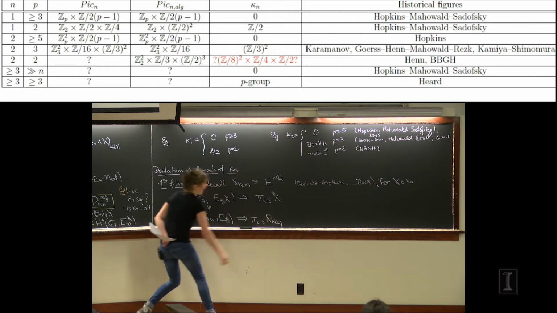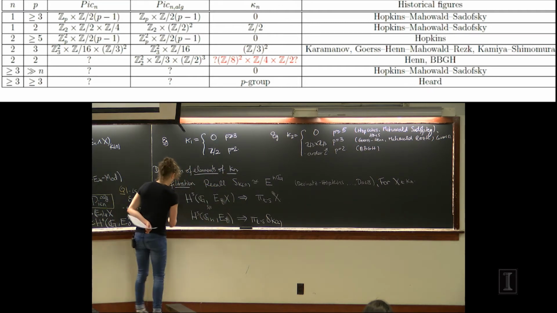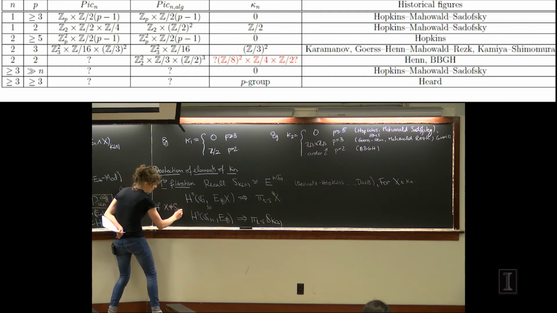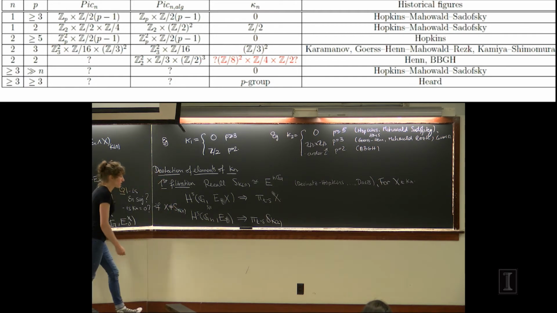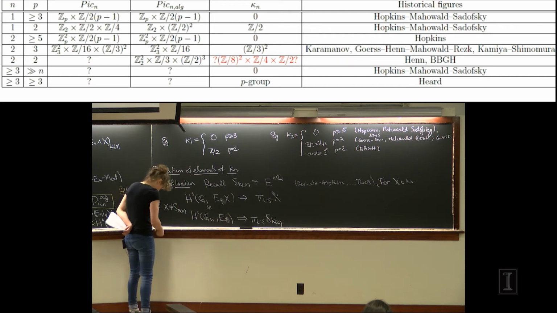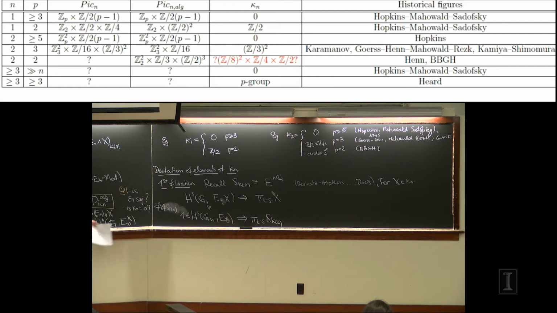Now suppose that X is not the sphere. If you're trying to catch something good, then there's a 1 in H^0 of this gadget, which is a ring.